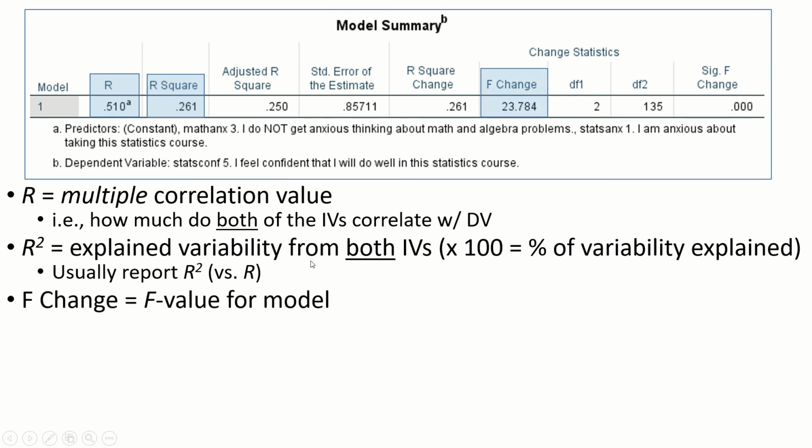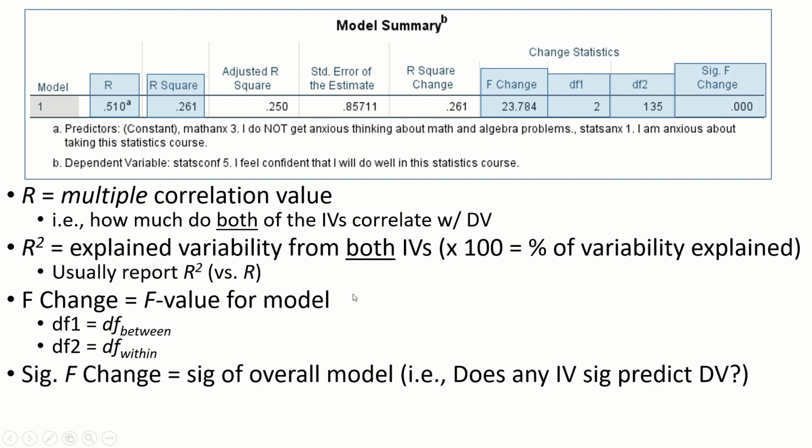Okay, next we return to Fs. We have an F value here. So the F change here is the F value for the model. And you notice that we get an F value, we get two degrees of freedom, so we have degrees of freedom between and degrees of freedom within, and then we also get a p-value.